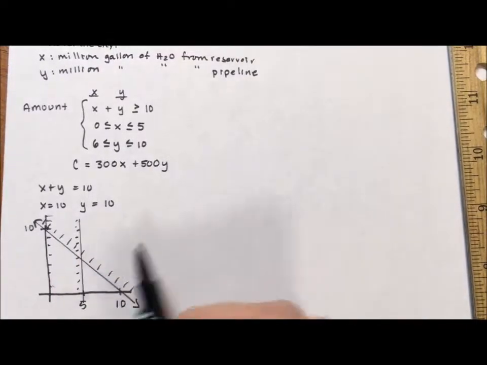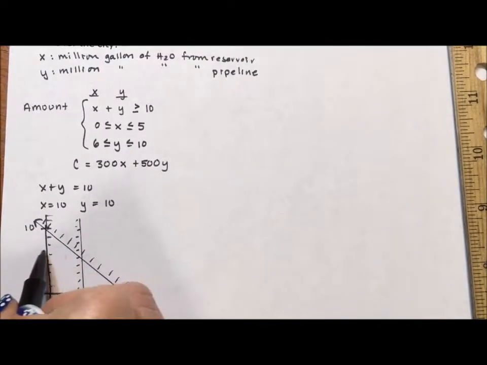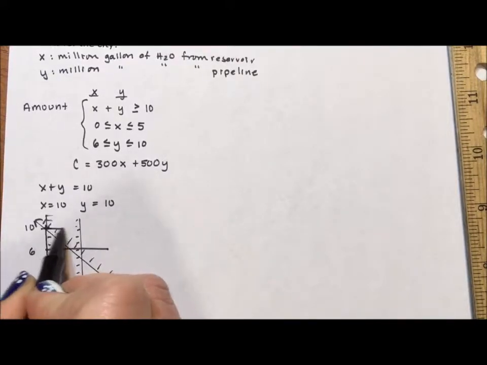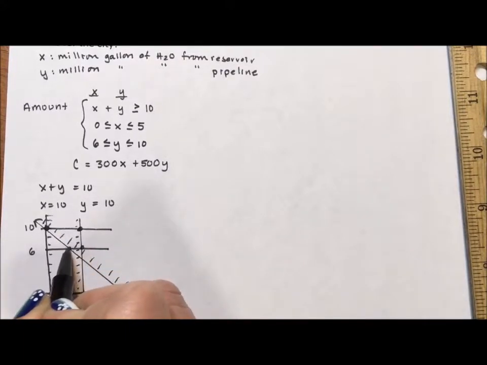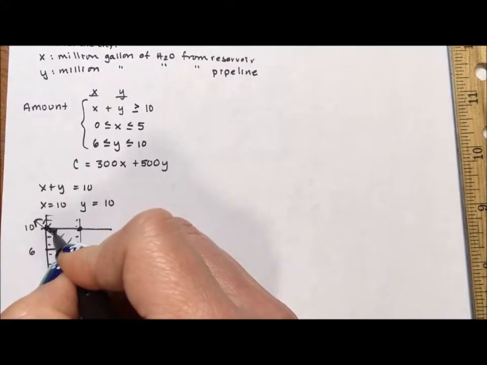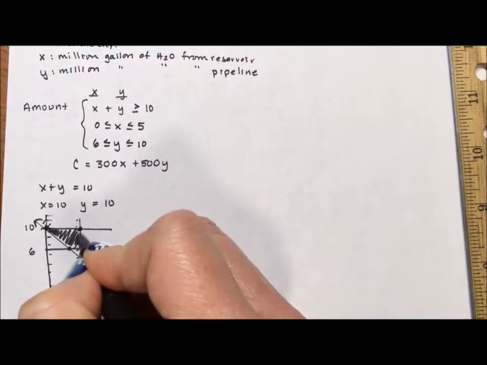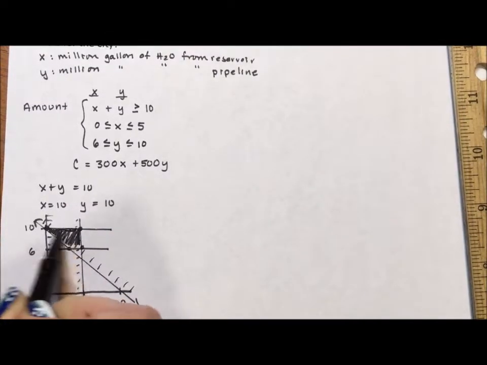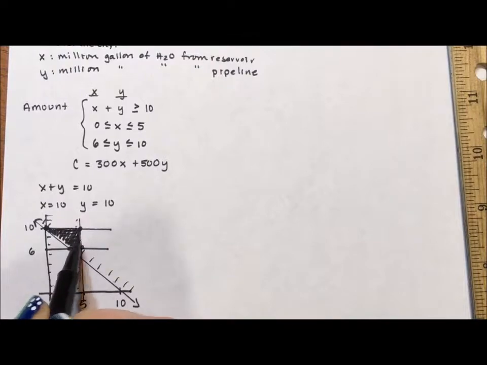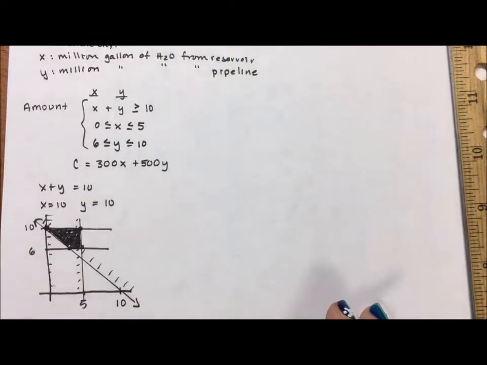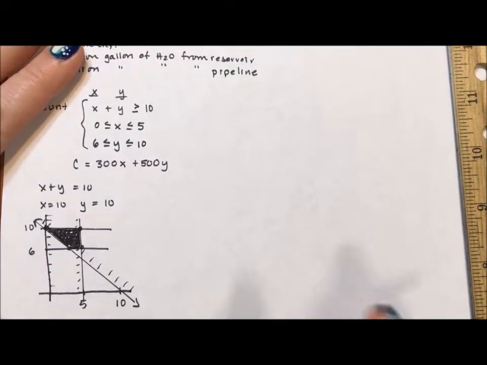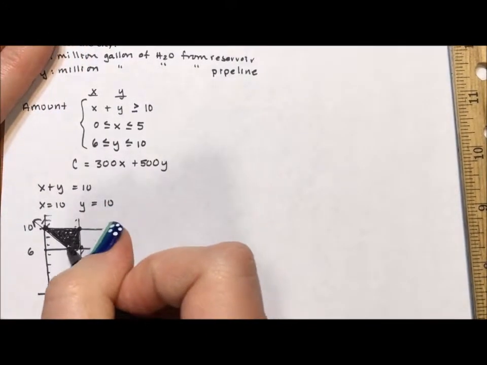And Y has to be between 6 and 10. So if we put a 6 here and a 10 here, we end up with this funky shape that represents all the different combinations of reservoir and pipeline water.